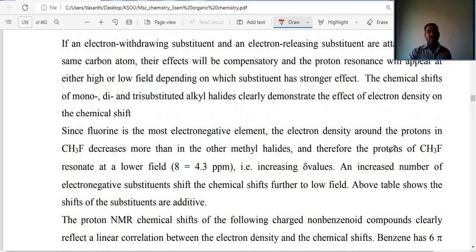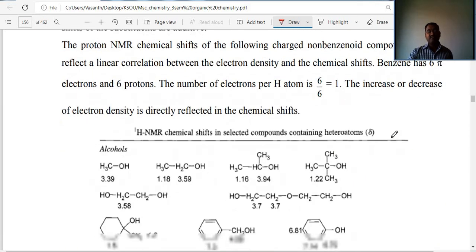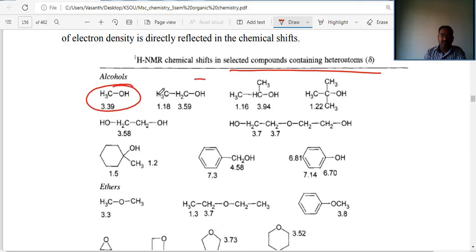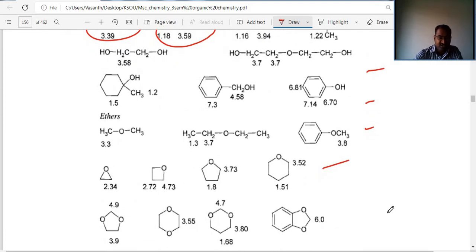These are some important aspects regarding the NMR spectrum. These are the chemical shifts of compounds containing heteroatoms. For alcohol, 3.39; ethanol, this carbon, this carbon. Just go through the book; these are all standard values.